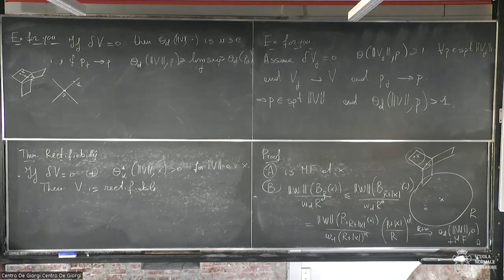Okay, and I already explained what rectifiability means. It just means that the weight is a rectifiable measure, and the Grassmannian part is a Dirac delta on the tangent plane of this rectifiable measure.